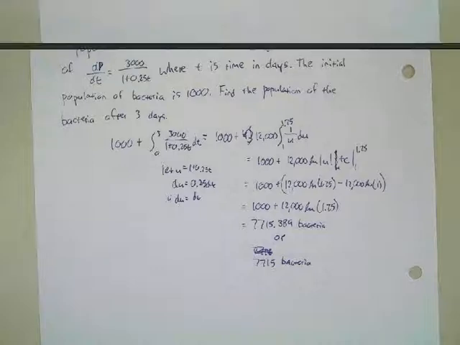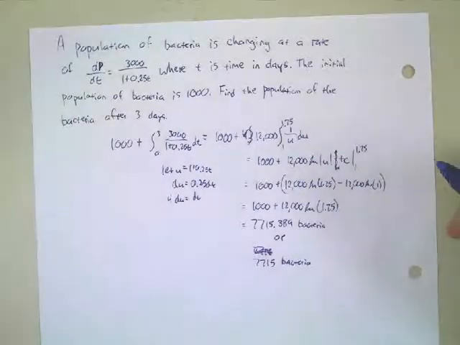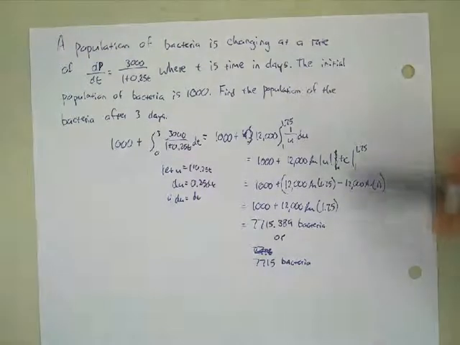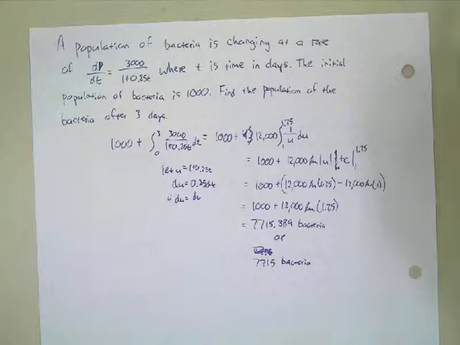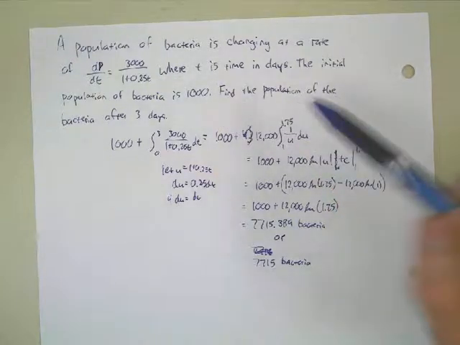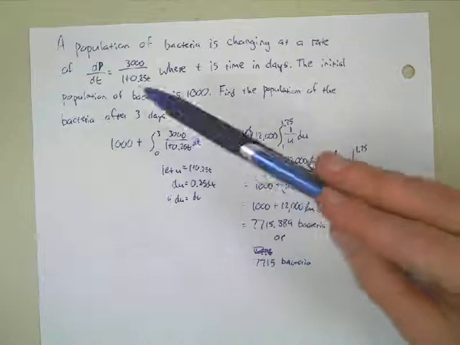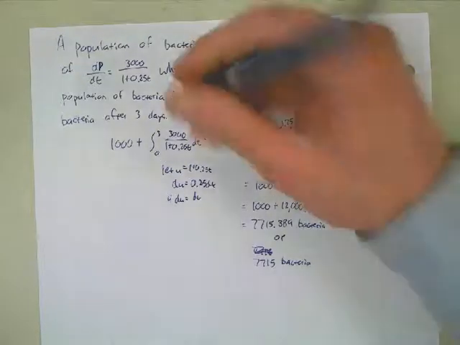So, no questions on this? We're all okay here. This one didn't really involve the division I just showed you, but it is an example of something we need to be comfortable with. We have a rate, and we want to find the population of bacteria after 3 days. So we integrate that rate from 0 to 3. That gives us the net change of population.